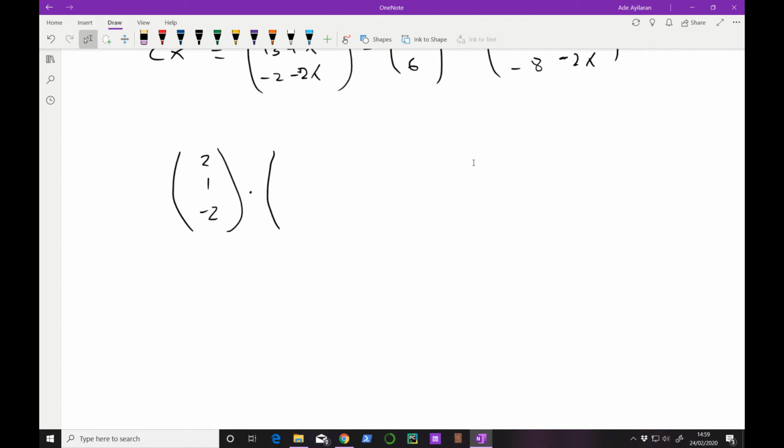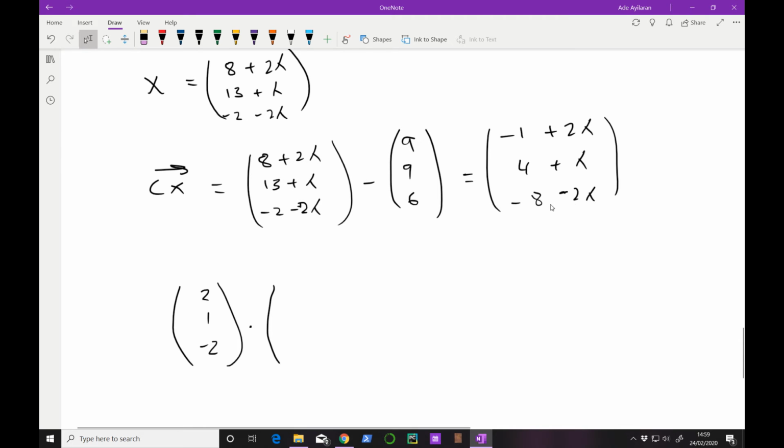And the direction of XC, as we've just expressed here, is minus 1 plus 2 lambda, 4 plus lambda, minus 8 minus 2 lambda. It so happens that when two lines are perpendicular to each other, the dot product must add up to 0, because the angle between those two lines is 90 degrees, and cos 90 is 0. So that's why the dot product equals 0.